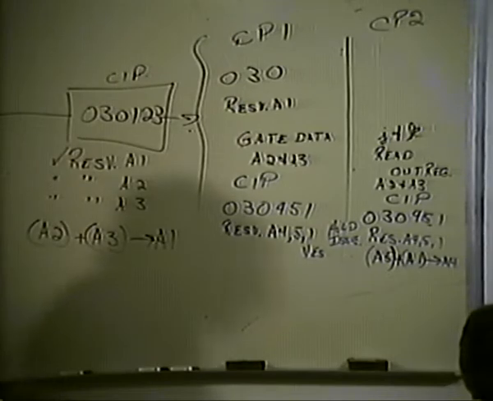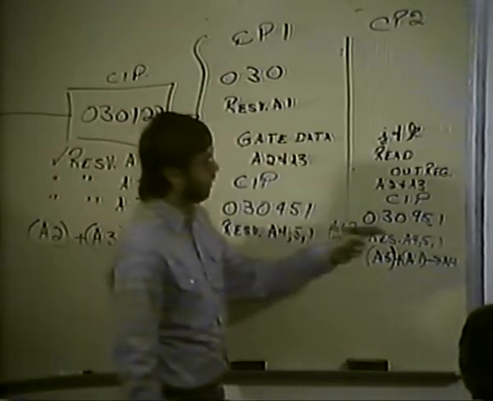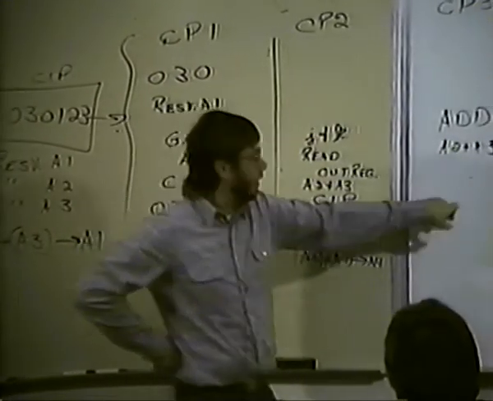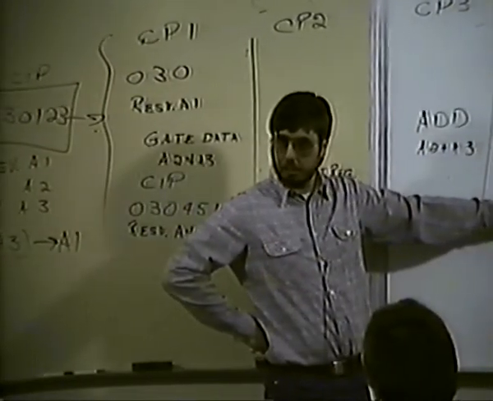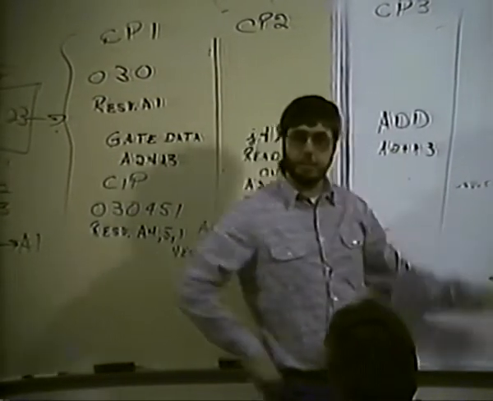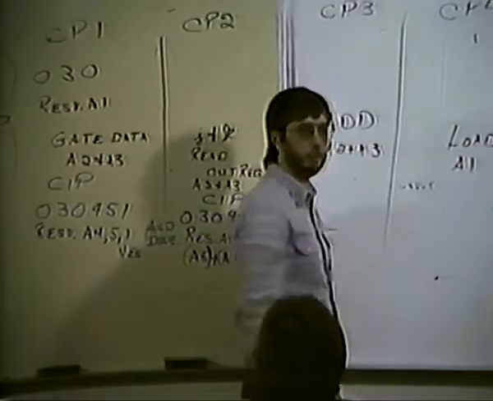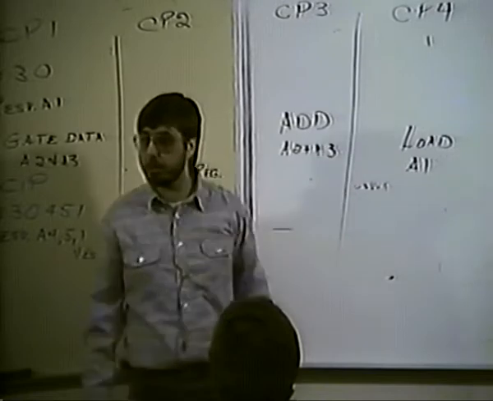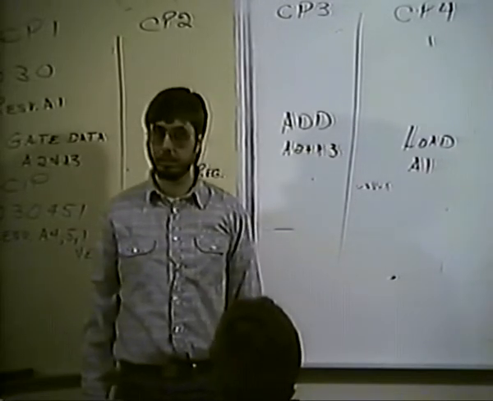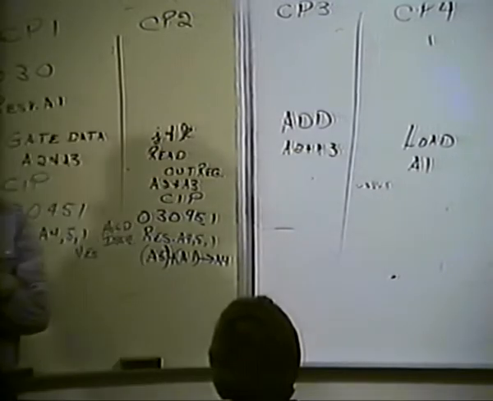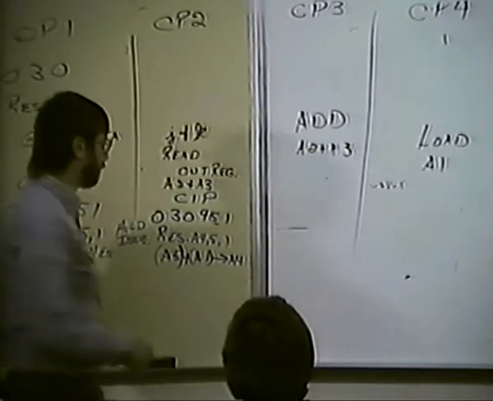Agreed? All right, so if we issued this instruction to clock period 1 right now, at the next clock, we'd have A5 ready to go. So if we built something into this module so that he could not only load A1, but he could also load the readout register, we could save ourselves a clock period, couldn't we? You see that? So let's do it.